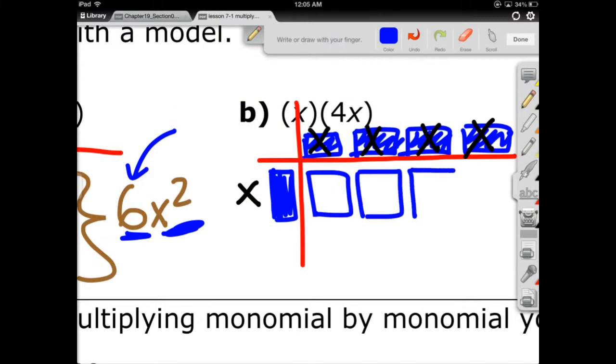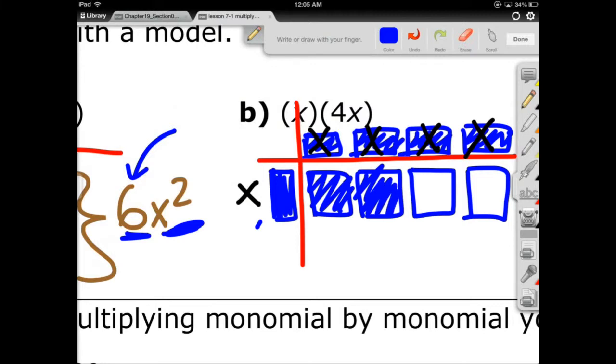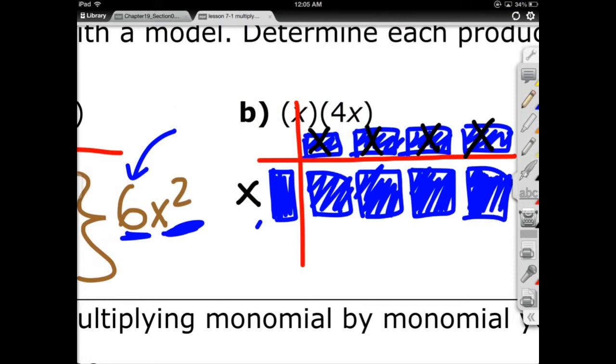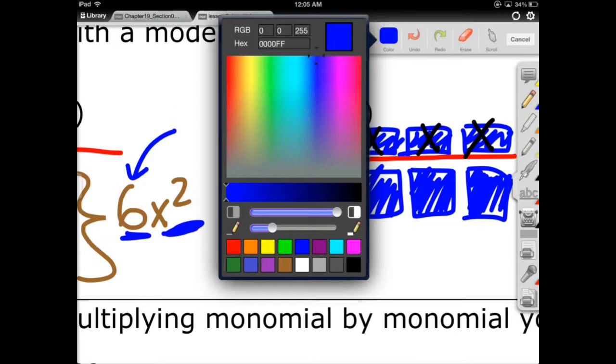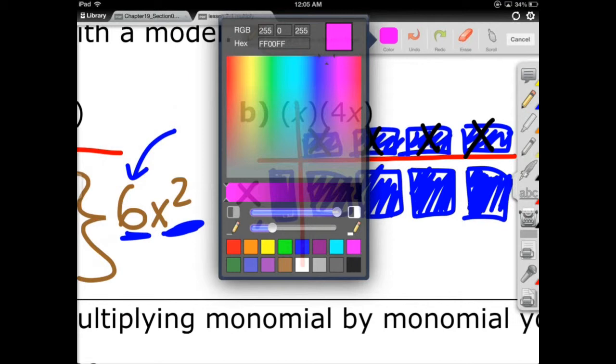They're squares made out of x's, right? Whatever the sides are, they're the same. These are both positive, so our two positives when multiplied make a positive, right? 2 times 3 when they're positive give us positive 6. So what do we get? Well, I need to choose a new color here. Let's do this.